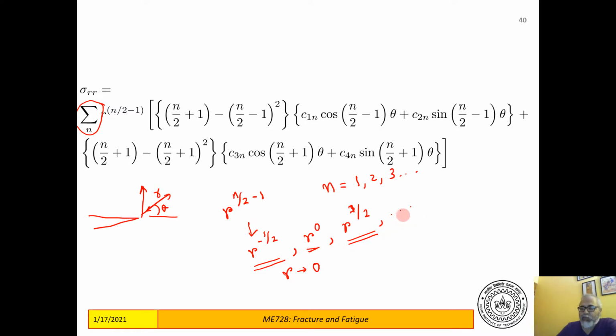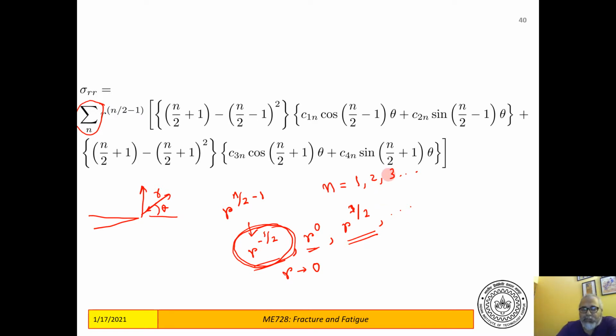All other terms are going to go to 0. So in the limit r tends to 0, this is going to be the most dominant term among the series. If we are interested only in the stress fields, strain fields and displacement fields very close to the crack tip, then this is the most dominant term that we should consider. All other terms will go to 0.